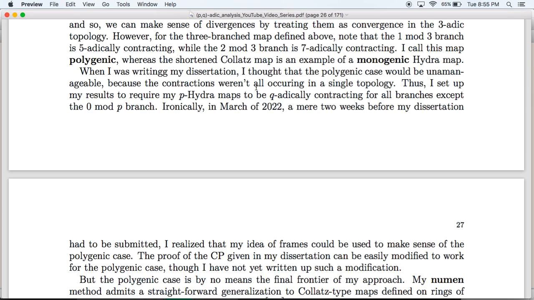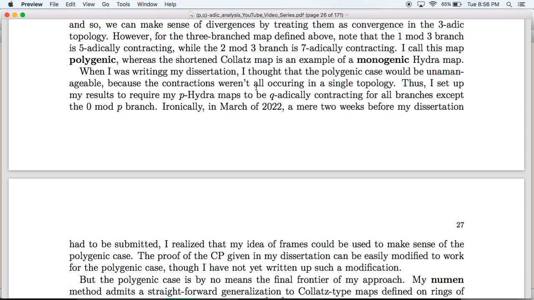I show an example of this in my frames paper, and it gets quite intricate, but the point is, once I freed myself from the convention of having to keep my function's domains in a single topology, and instead have a mix and match of them, I could make sense of all of these different maps. I have not written out the details of how the correspondence principle and everything applies in the polygenic case. However, it isn't really necessary.